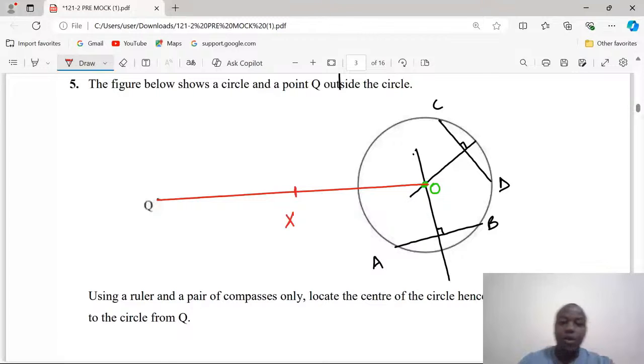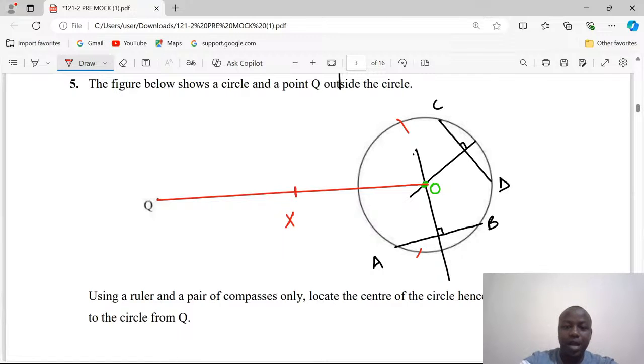Now with center X, we use the distance OX as radius to make an arc on this circle. Therefore, we shall make an arc at this point and also at this point using radius OX. Remember, I'm not having proper instruments, I'm just trying to estimate.